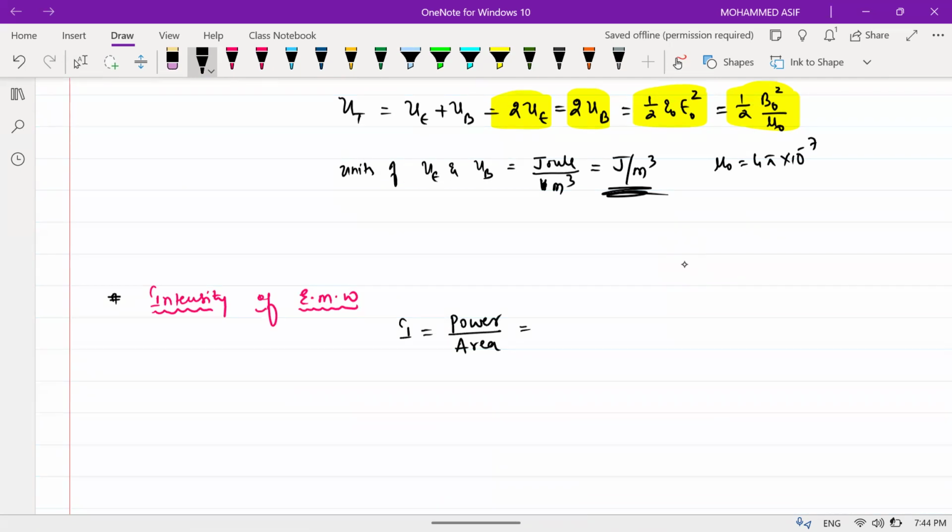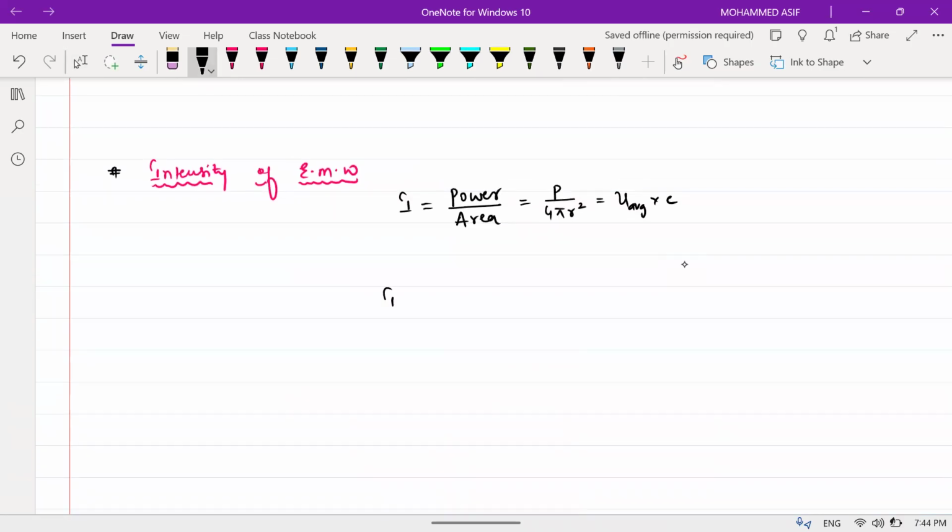For spherical bodies, it will be P divided by 4 pi R square. That is also equal to average energy density multiplied by speed of light. Or intensity is also equal to half into epsilon naught into E naught square multiplied by speed of light. Very important formula, beta.